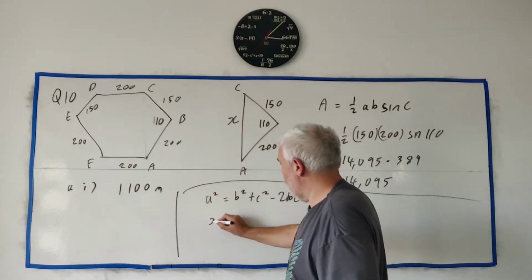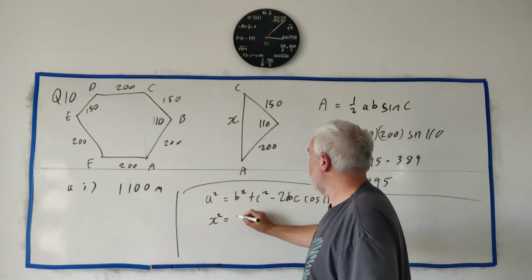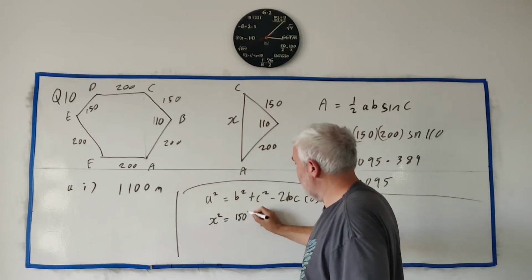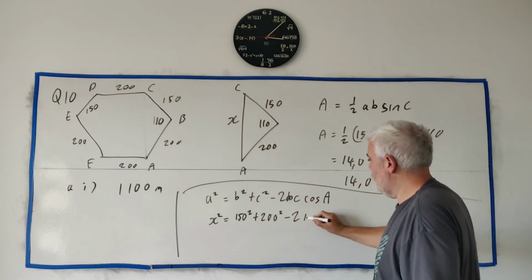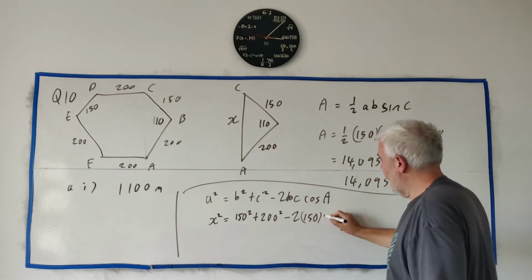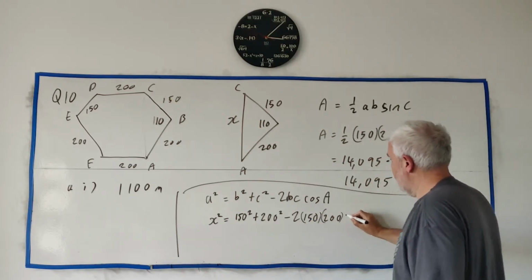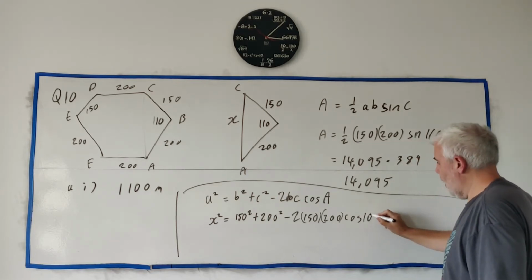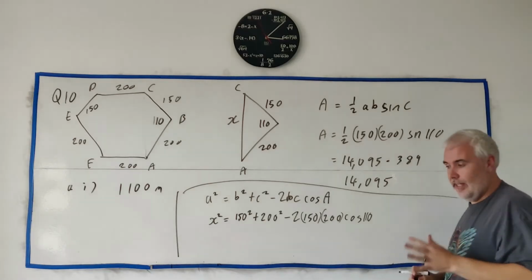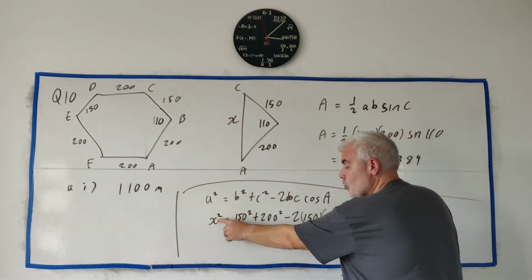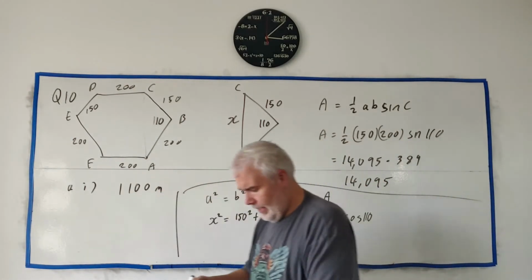So to put all that in, we'd have X squared is equal to, let's say, 150 squared plus 200 squared minus 2 times 150 times 200 times cosine of 110. You can put all of this right side into a calculator, or you can take the square root of it right now. I've done it both ways.